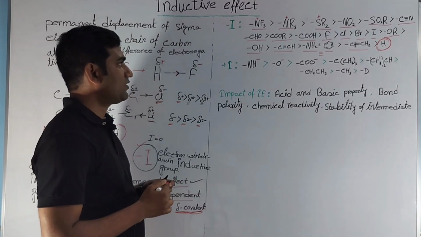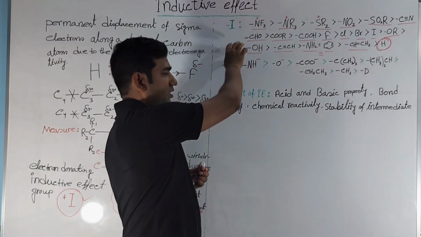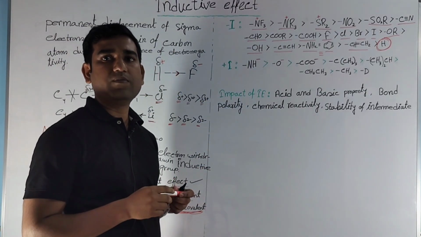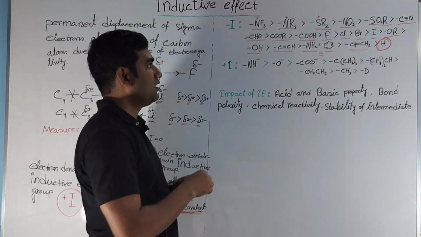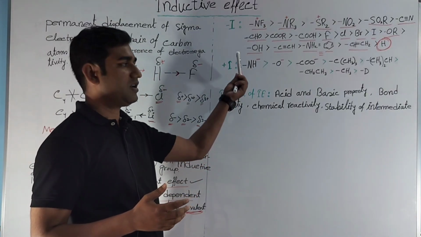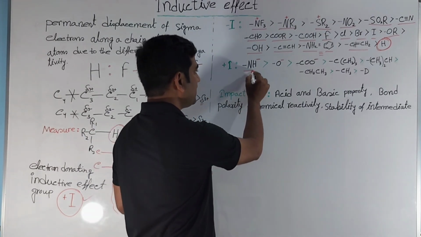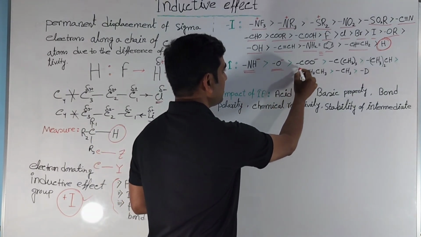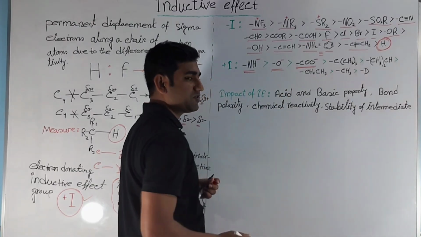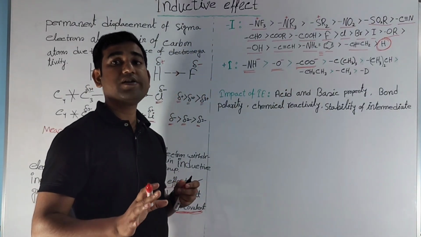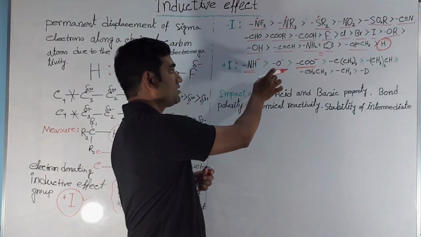That one we collected from several books, and it is mentioned like that in all books. And the plus I groups: first the NH minus group, then O minus, then CO minus. O minus comes from alcohol; once alcohol releases the proton, O minus is formed.